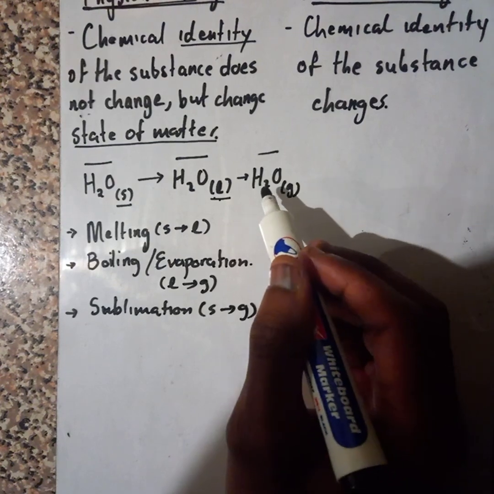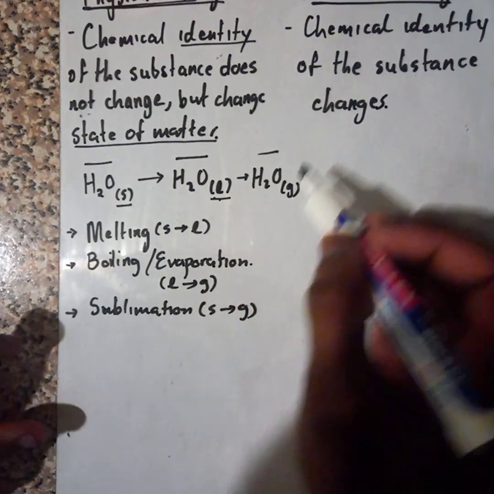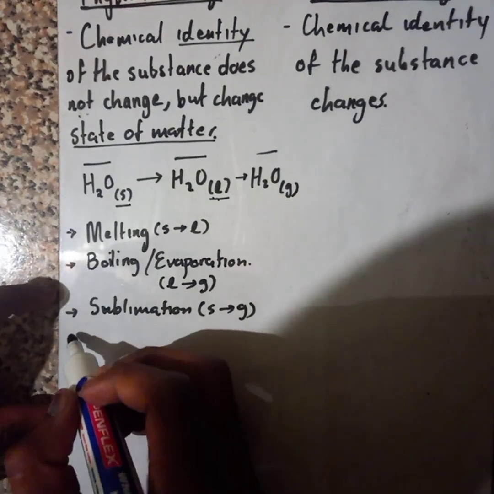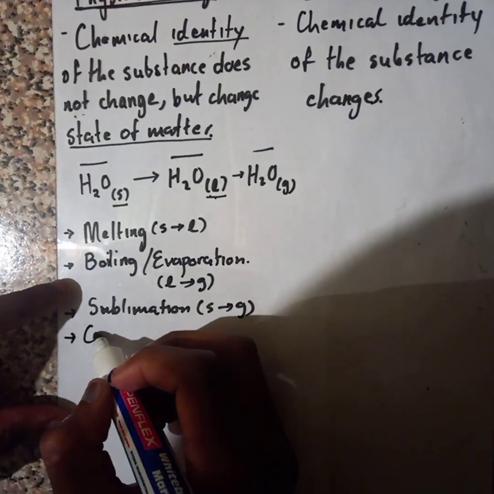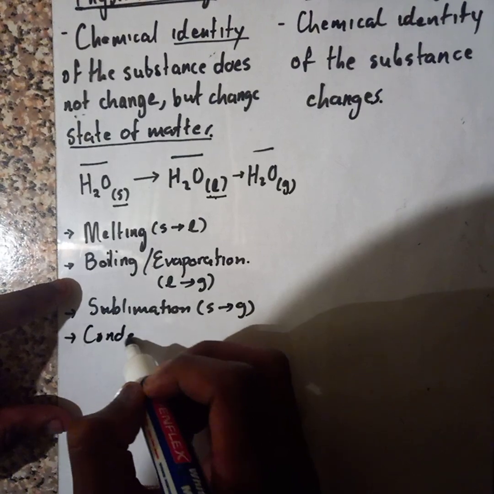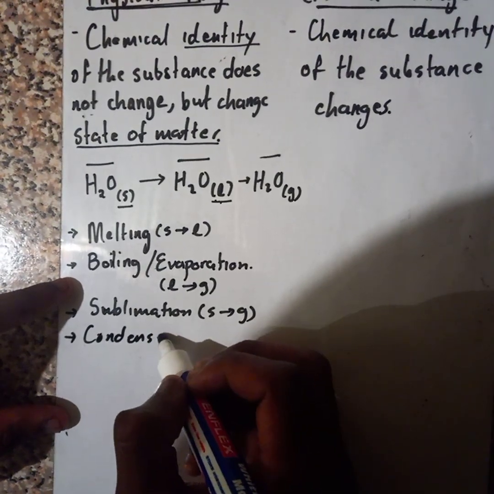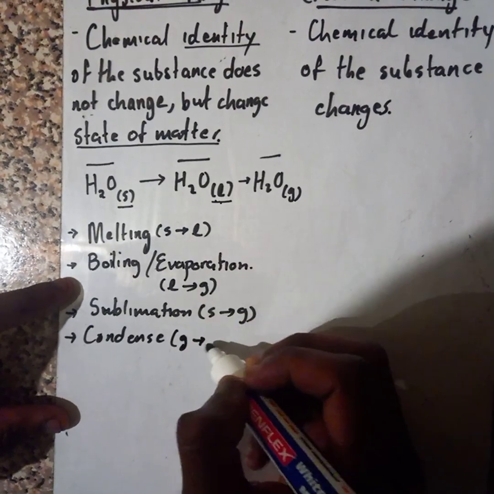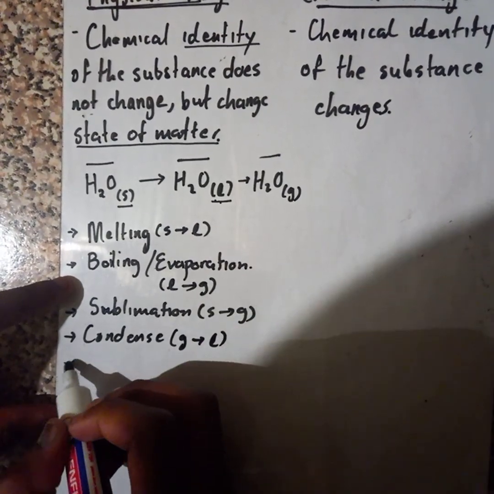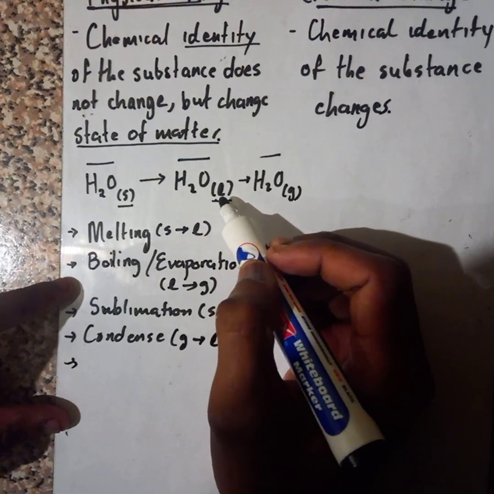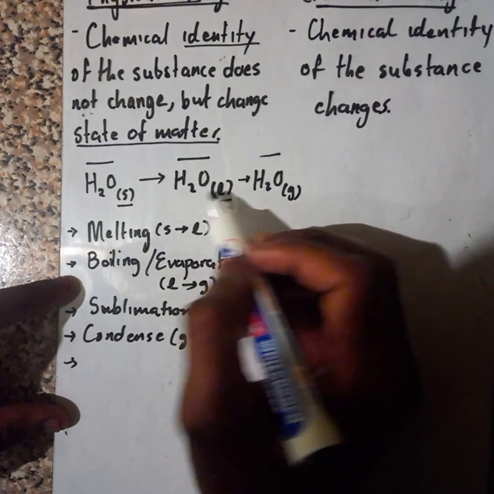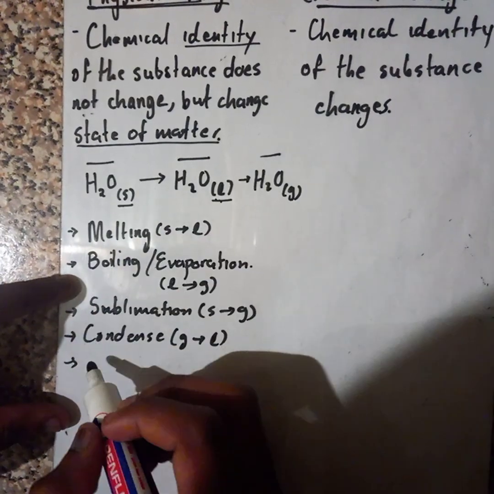Now let us do the reverse. From gas to liquid, we call it condensation, or let's say condense. Then what do we call that process when we change a state of matter from liquid to solid?